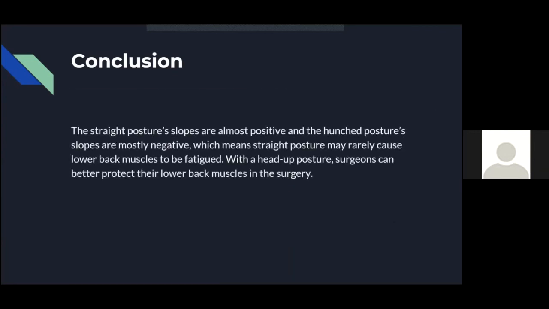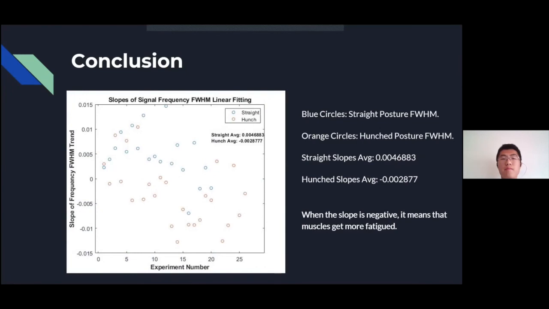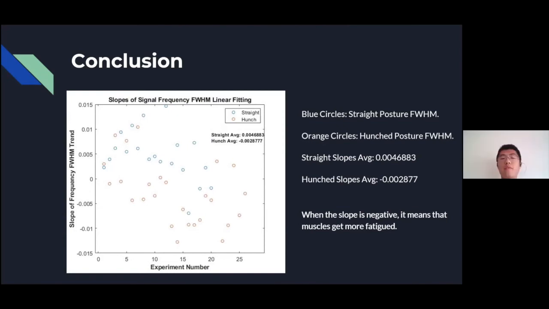So it looks clear that there's the red and the blue separation in the two. How much does the frequency shift have to be for you to be able to deterministically say that there was a muscle fatigue? Because I'm looking at the numbers here, right? The slopes. And the slopes are very small.